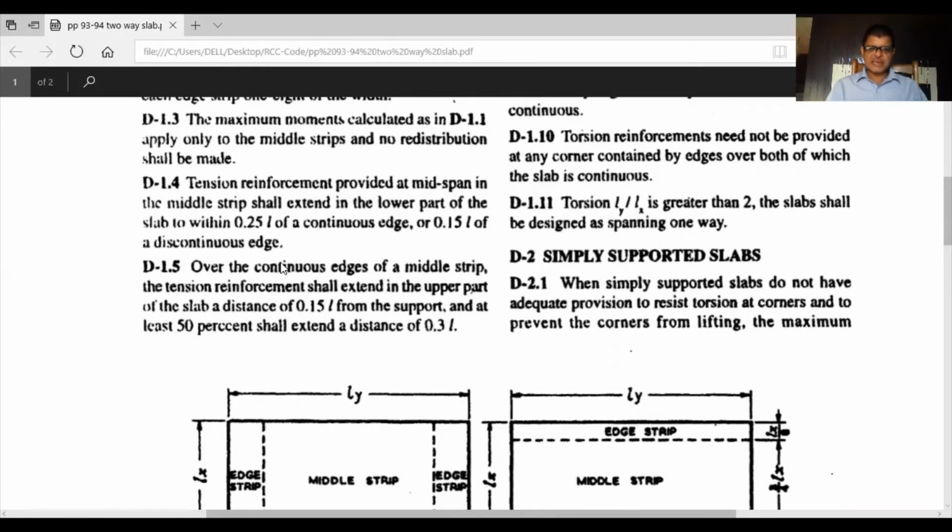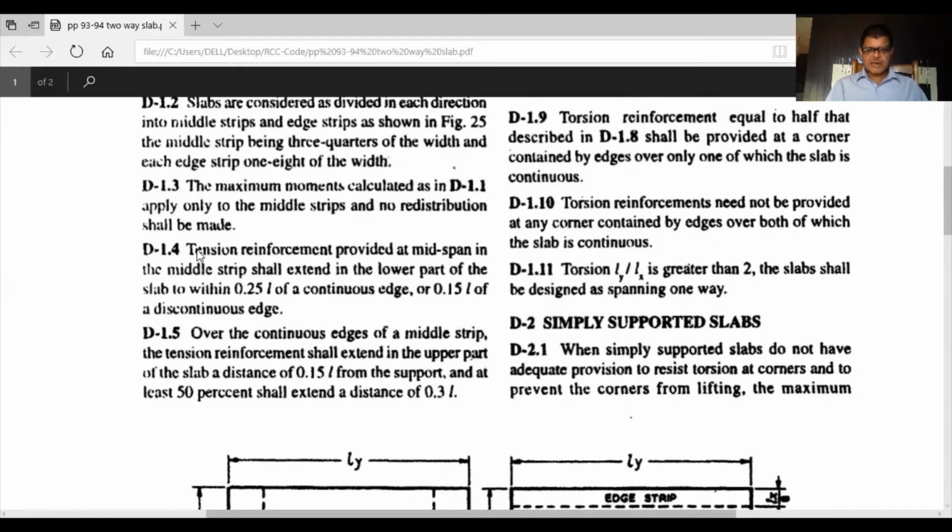Now come to the next clause. Tension reinforcement provided at midspan in the middle strip shall extend in the lower part of the slab to within 0.25 L for a continuous edge and 0.15 L for a discontinuous edge.